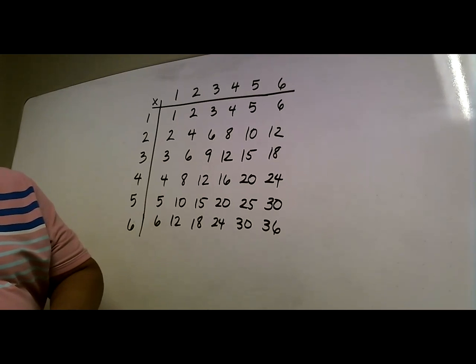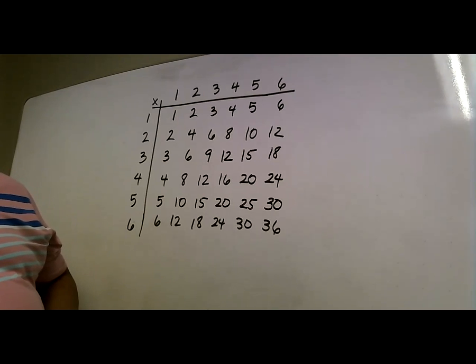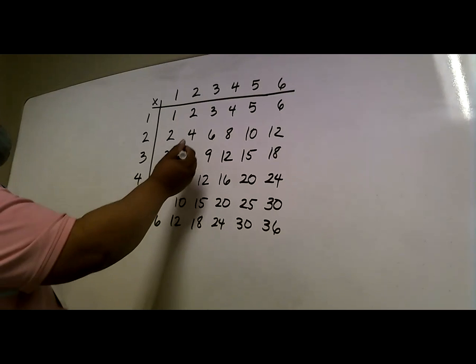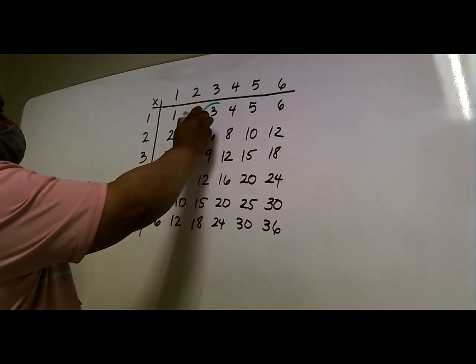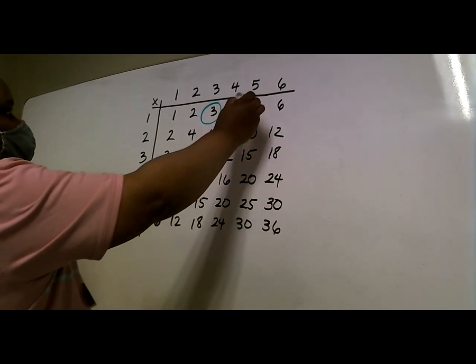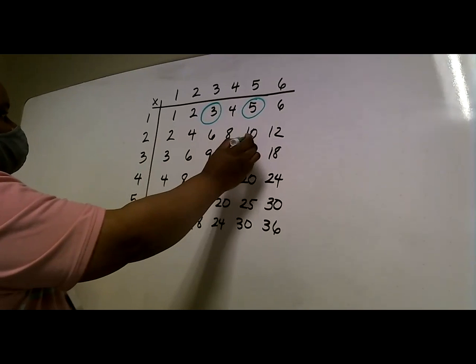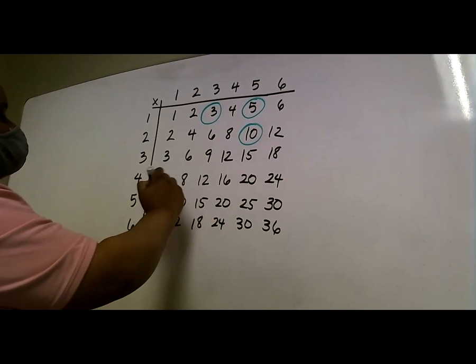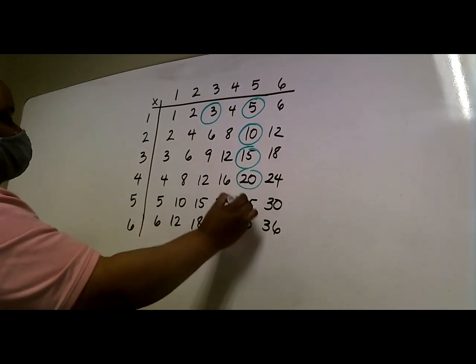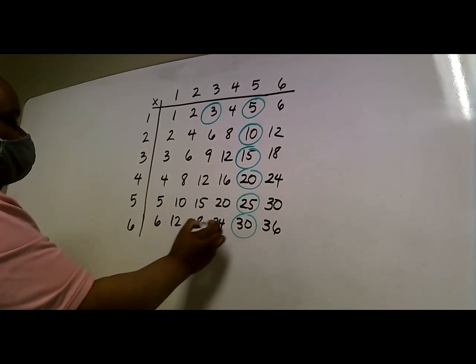Okay. So getting a 3 or a multiple of 5, well, we can get a 3 here. A multiple of 5 would be something like this. 5 is a multiple of 5. 10 is a multiple of 5. Then 15, 20, 25, and 30 going this way.